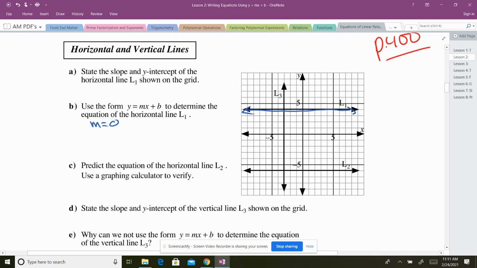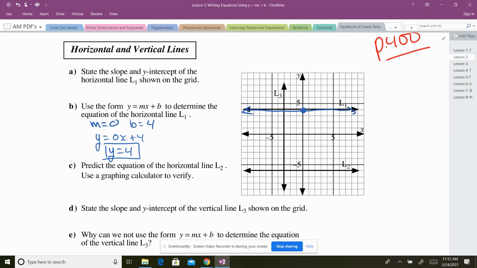What is my y-intercept? 4. It's right there. So the equation of this line is 0 times x plus 4. What's 0 times anything? 0. So you don't even have to write it. So what's the equation of the line? Y equals 4. If you see y equals and just a number, it's horizontal because the slope is 0.